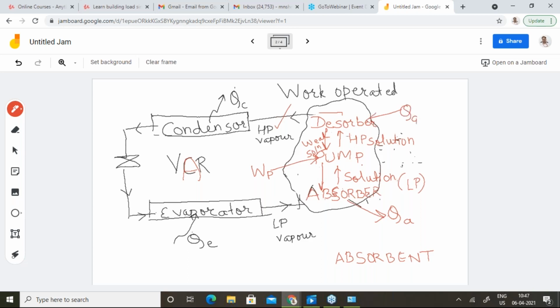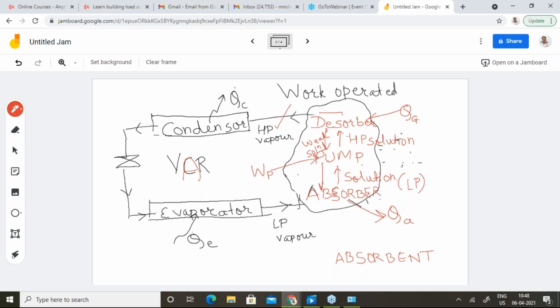G is for vapor generator, so the desorber is also called the vapor generator. In order to see that the high pressure vapors are released from the solution, this desorber needs a heat input in the form of QG. If you don't supply heat input to this machine, then we won't get these vapors released.